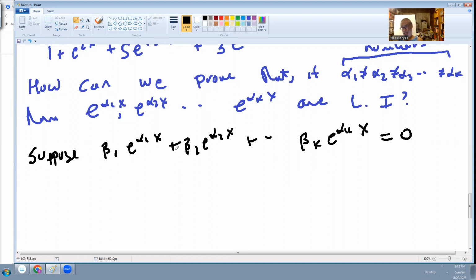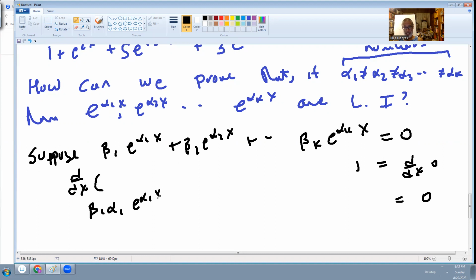So now if you differentiate both sides, you take d dx of both sides, derivative of 0 is 0. Well, what we get here is beta 1 alpha 1 e to the alpha 1 x plus beta 2 alpha 2 e to the alpha 2 x plus, and by the way, the beta i's are all non-zero, of course.